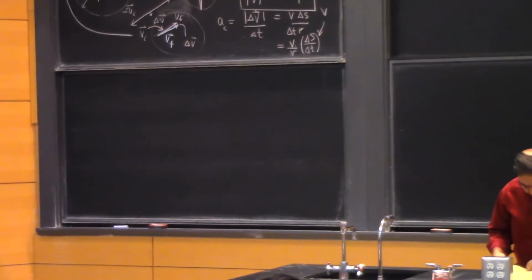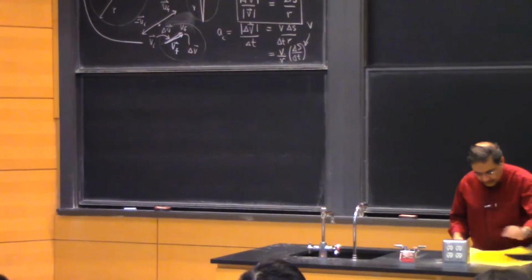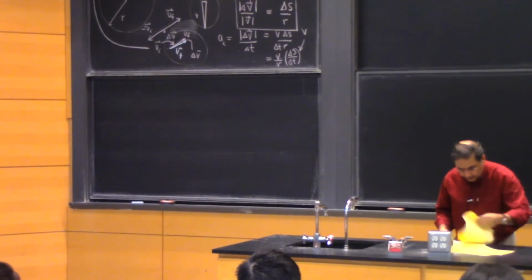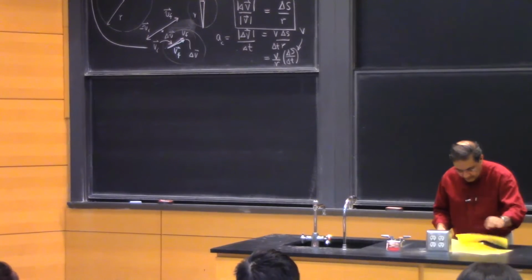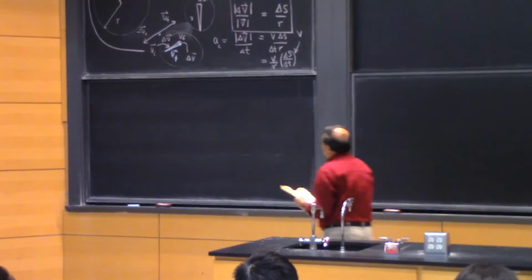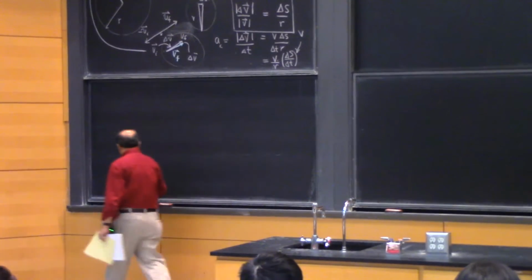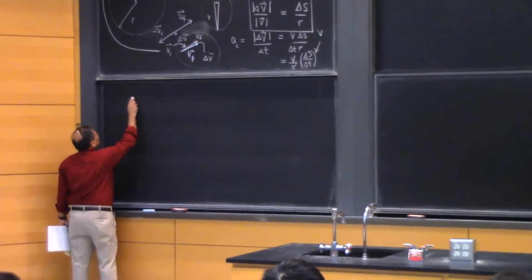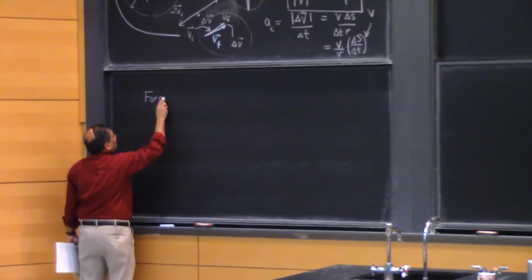I will talk more about centripetal forces as we go along, but let me first get on with some other things which I think are quite important. So we started doing these free body or force diagrams. Different people call them differently.